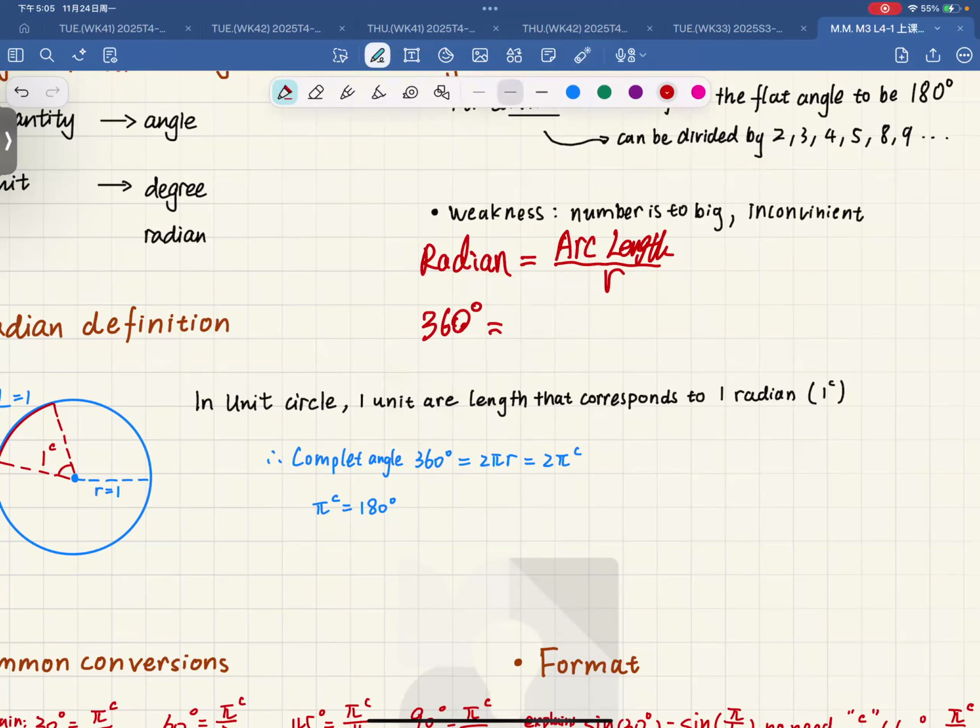The circumference of the circle is equal to 2 times pi times r.